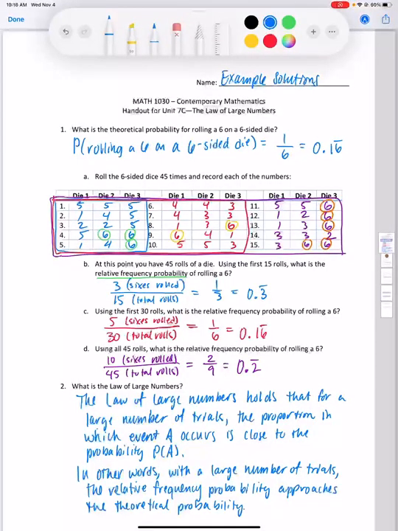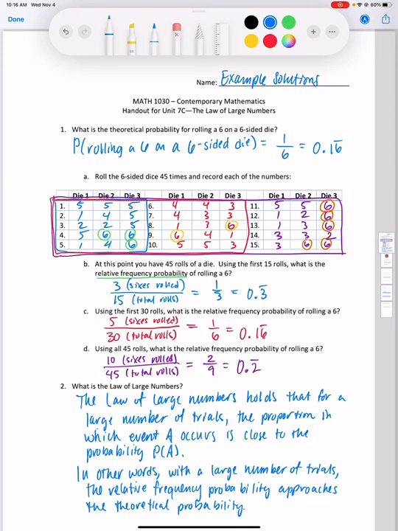So if we continue this experiment with more rolls, our relative frequency probability will go slightly above and slightly below the theoretical probability. Okay, so we'll approach it with a lot more trials. That's our law of large numbers. When we do large numbers of trials, our relative frequency probability approaches our theoretical probability.